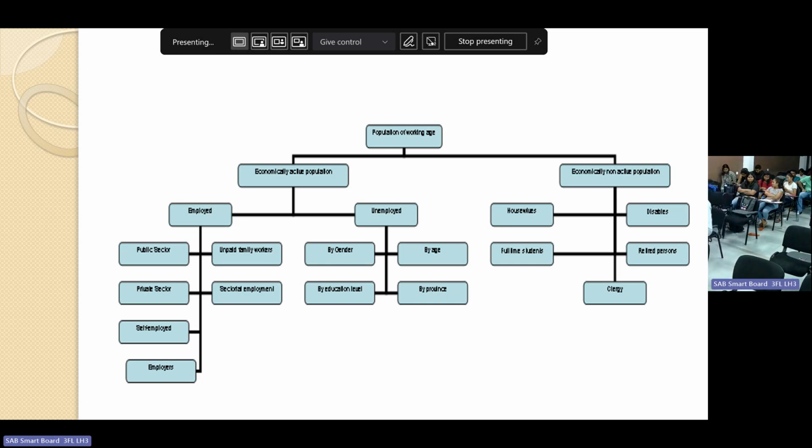By removing those, we can identify the labor force, which represents both the employed and the unemployed.